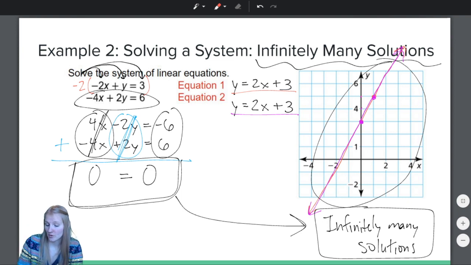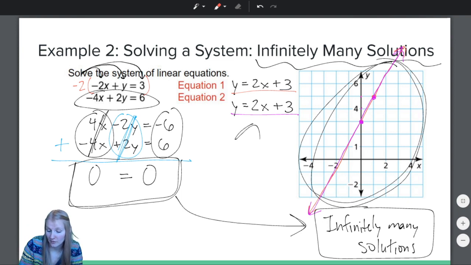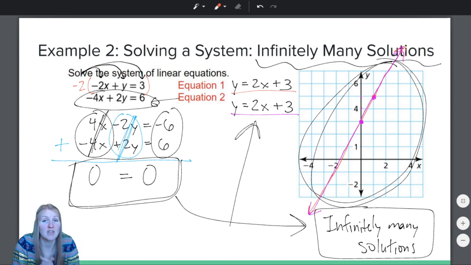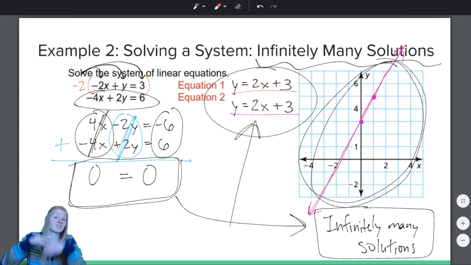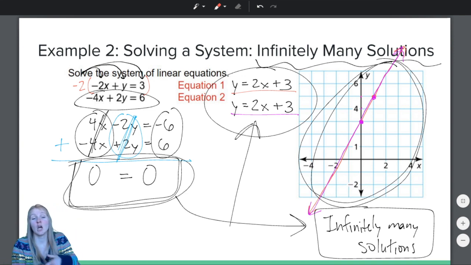So it doesn't matter if you graph it, it doesn't matter if you notice that if I divide equation number 1 by negative 2, or equation 2 by negative 2, I get the same thing. It doesn't matter if you solve for y and see that they're exactly the same. Doesn't matter if you solve by elimination. Whatever you do, you're going to see that there are infinitely many solutions.